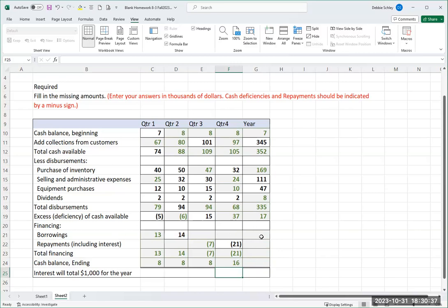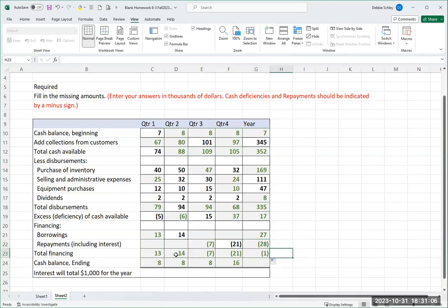So on my borrowings, that is added across. So there's 2, so 27. This is also added across. So negative 21 and negative 7 equals 28. Total financing is also added across.